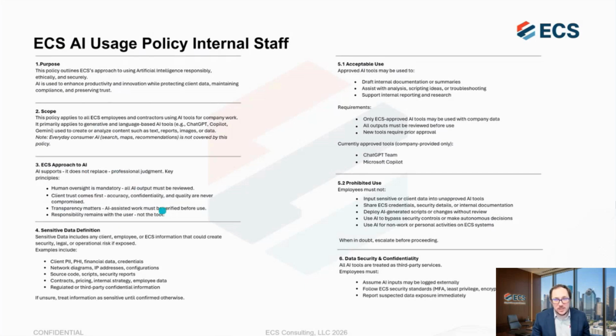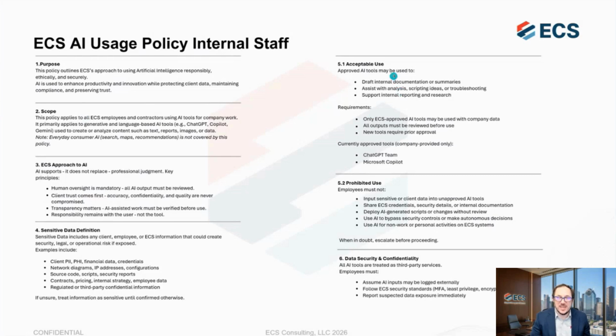Approved AIs: which AIs we are using that are part of our business, in production, and secured by the company. Sensitive data, as I mentioned, is really important. You're defining what the sensitive data for your business is, what the different classes are, and what it is that you want to protect and make sure is not just out there for someone else to see.